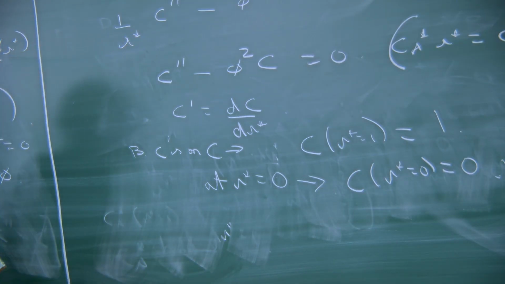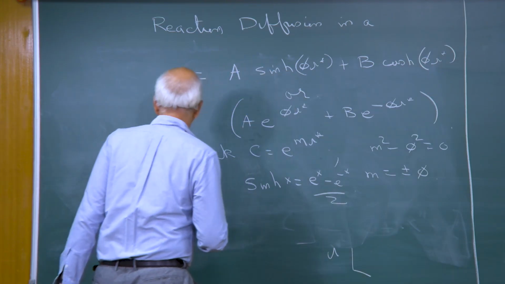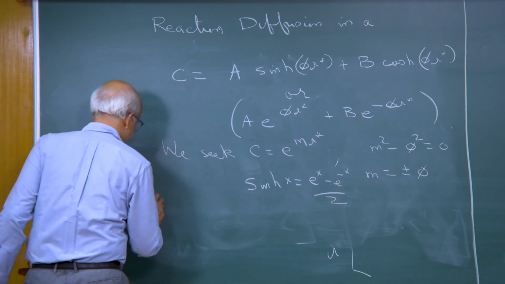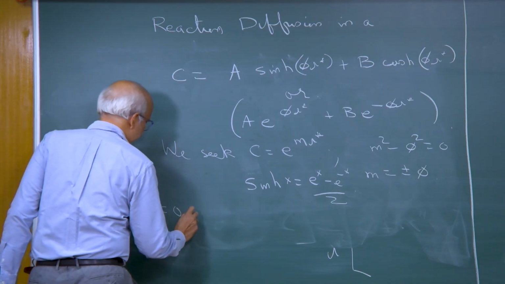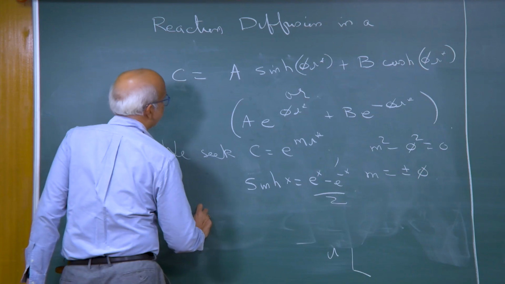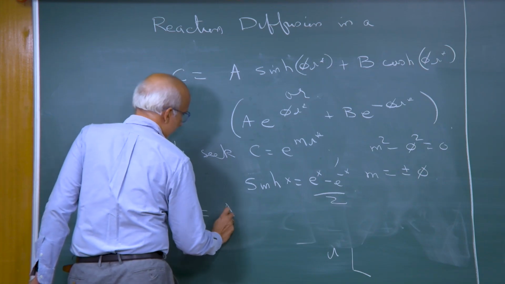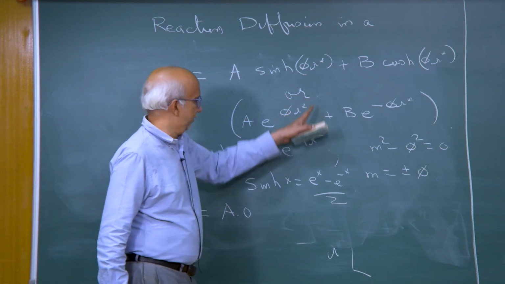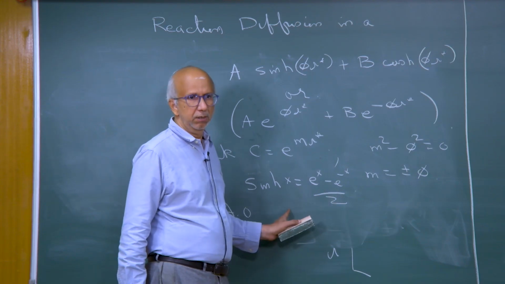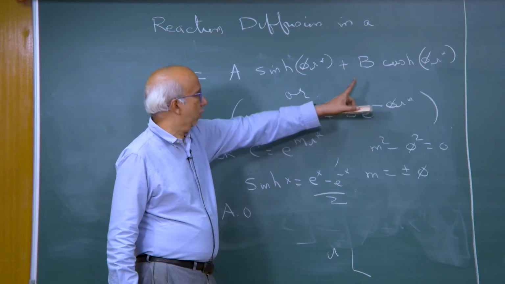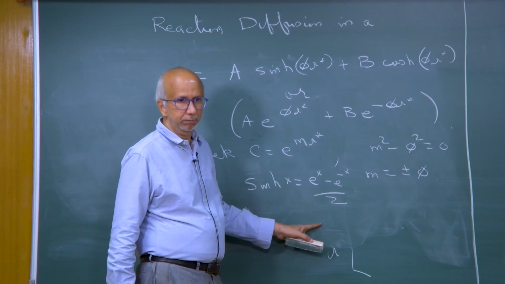So C equal to 0 at r star equal to 0. That means A times sin hyperbolic 0, which is 0, plus B times cos hyperbolic 0, which will be 1.